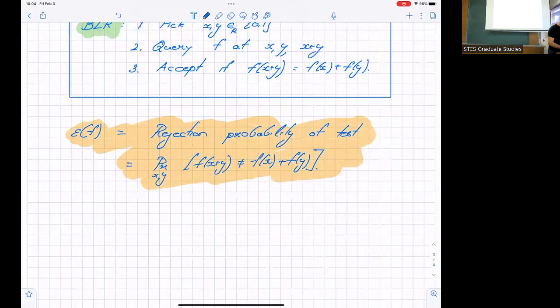And what we want to understand is the relationship between epsilon f versus delta f.